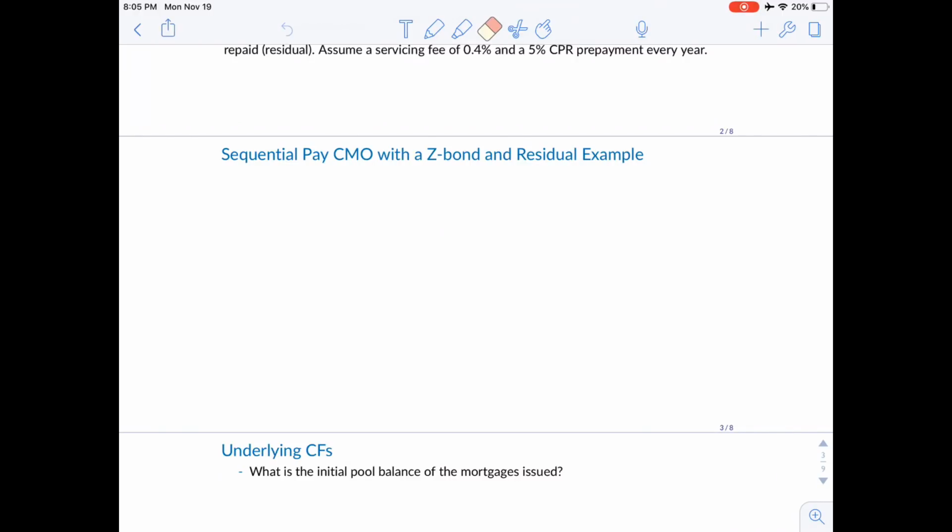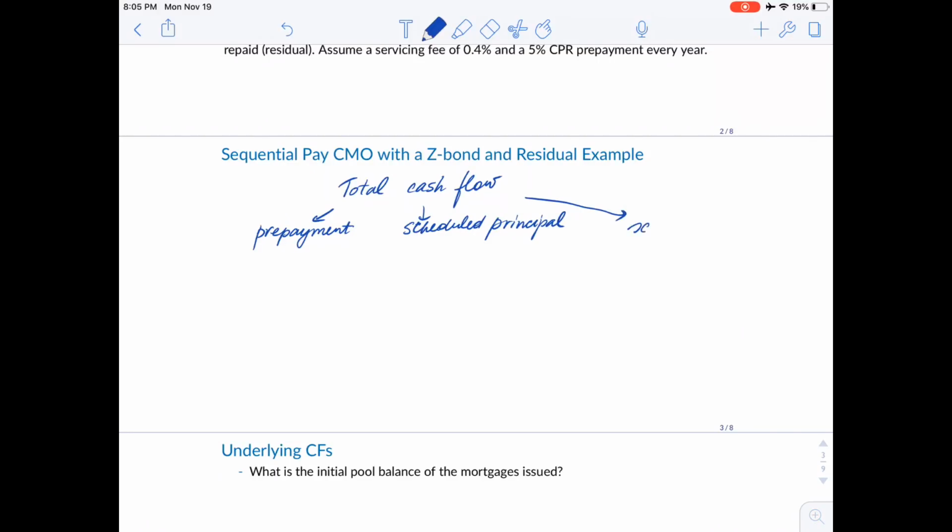Okay, so we always start with the total cash flow. And we already know from our previous examples that it consists of prepayment, scheduled principal, and scheduled interest.